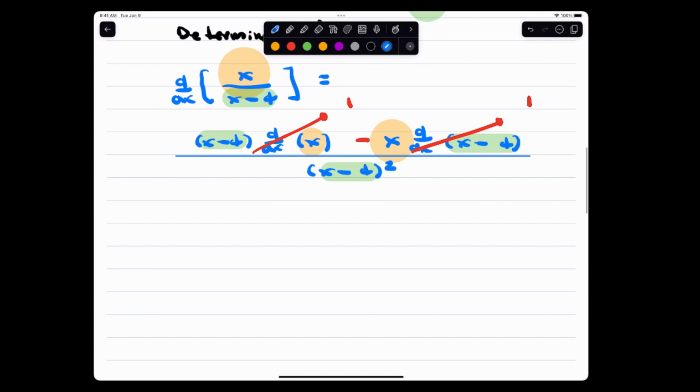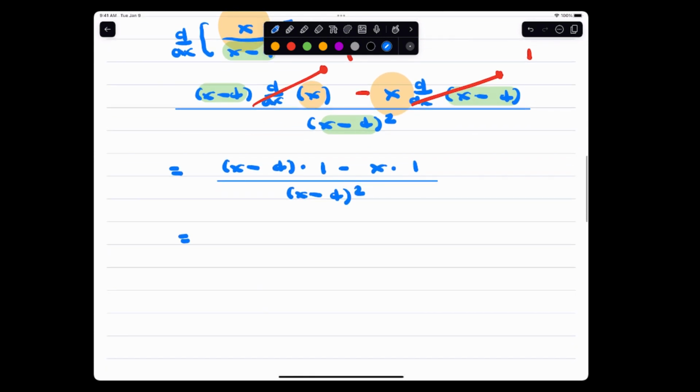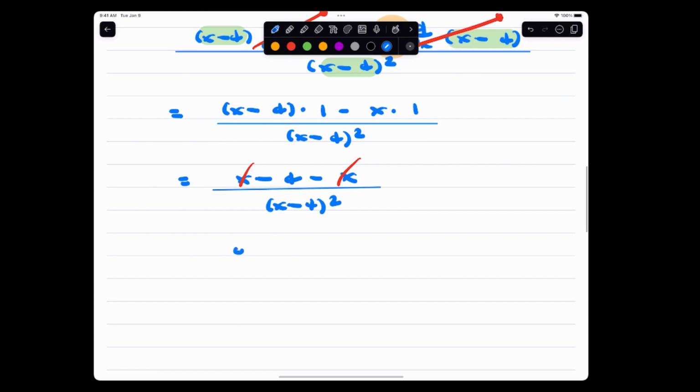So, ladies and gentlemen, okay. So, we're on our way, right? So, this is going to equal now, what is this? X minus 4 times 1 minus x times 1, everything over x minus 4 squared. Anything times 1 is itself. What do you guys get rid of? Your x's. What do you have left?